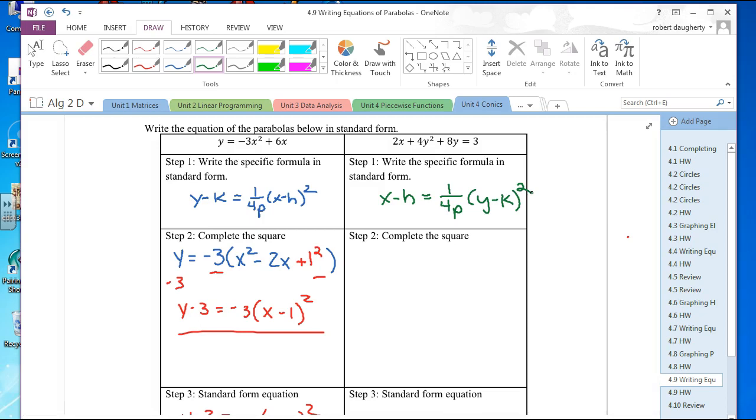I'm going to need to do a little bit of work here. So let's just see, this is 2x minus 3 equal negative 4y squared minus 8y. Now what do I need to do to get it in the form that I need it?